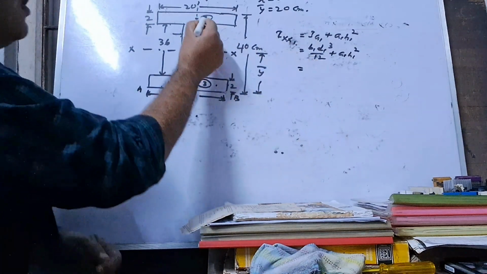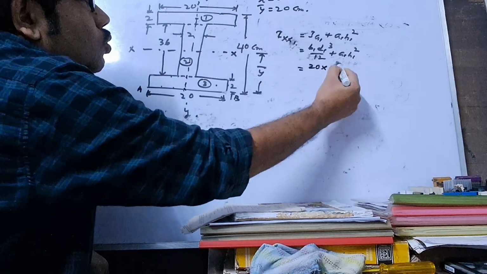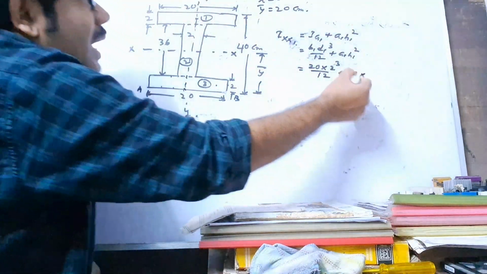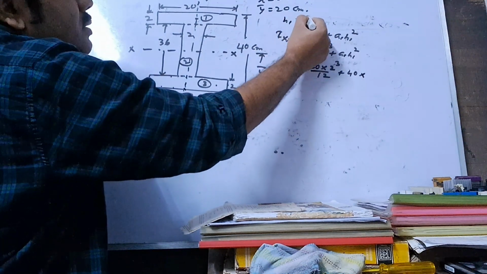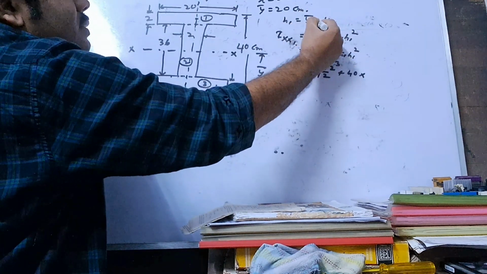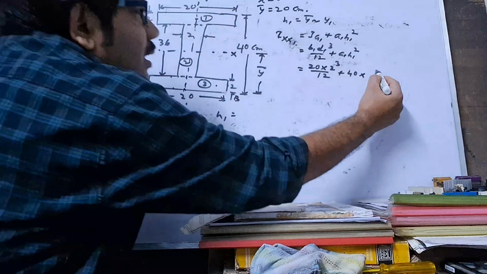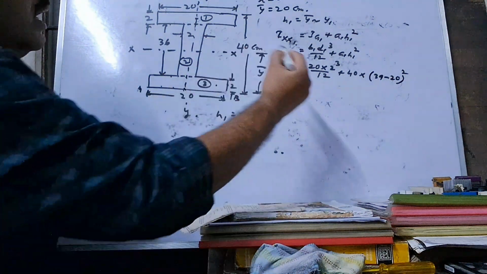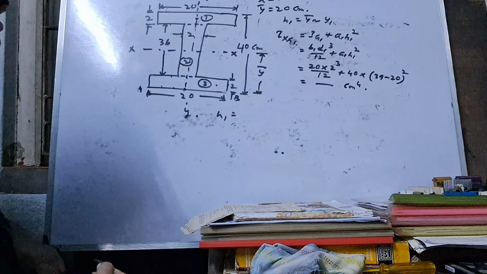For section 1, B1 is 20, D1 is 2 cube by 12, plus area 40, and remind H1 means y bar and y1, this is the difference. We know that y bar is 20 and y1 is 39. So here this is 39 minus 20 the whole square, and you must calculate this value, and this is centimeter to the power 4.